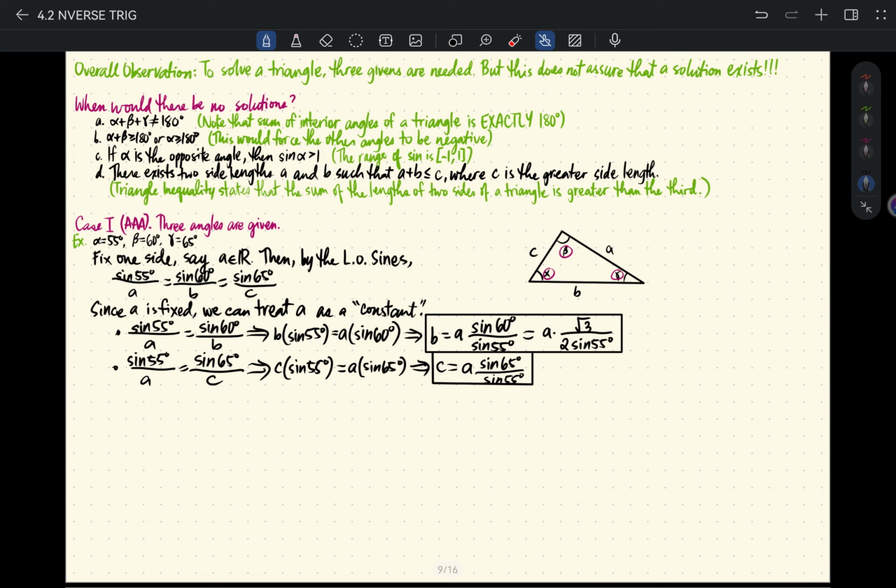Are we done? Basically, yes. Because in the first step, we fixed the first side. So you have the first solution right there. Then you have B and C in terms of A. So some observations.